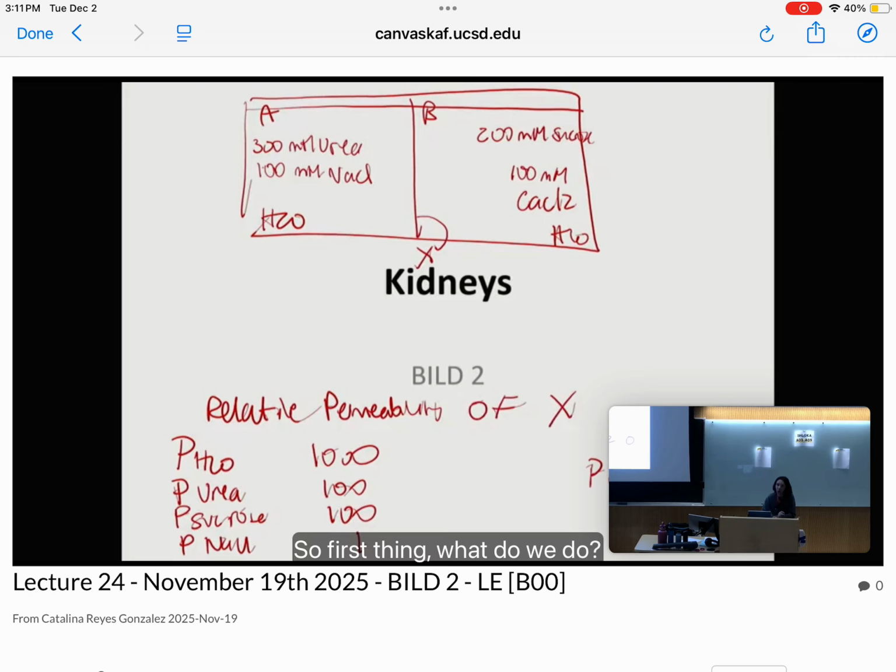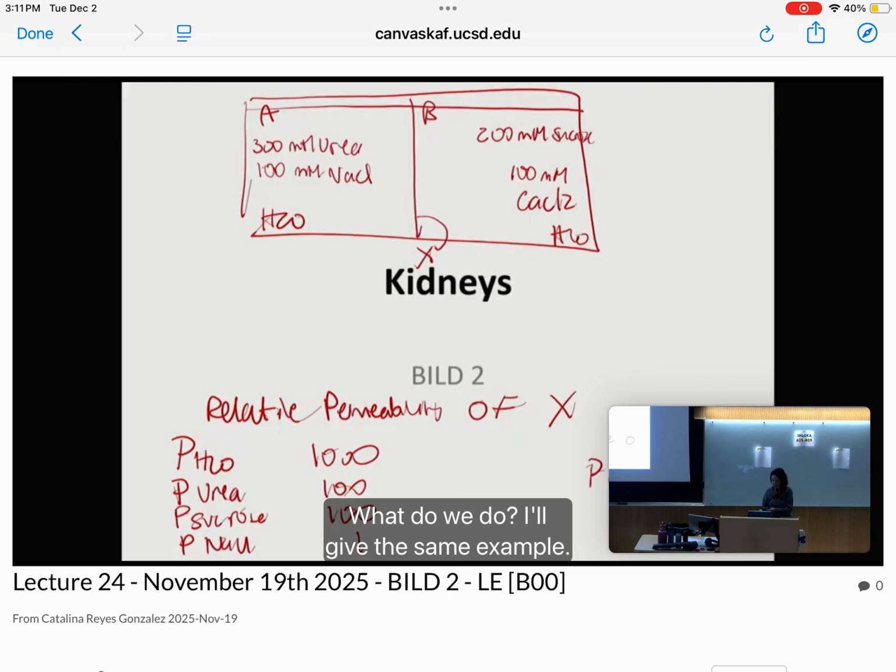So first thing, what do we do? Give the same example. Convert everything to milliosmolar. So 300 millimolar urea is going to be, what is the osmolarity? The same, right? 300 milliosmolar, because it has a dissociation number of 1.